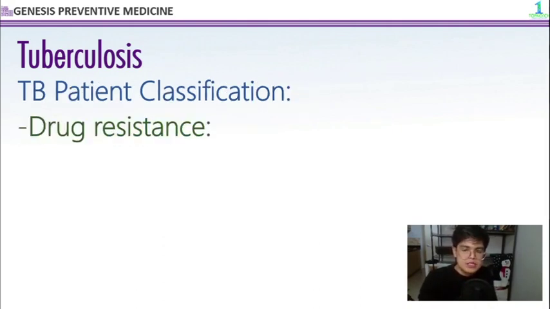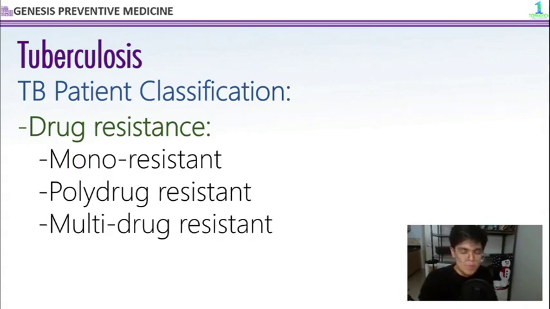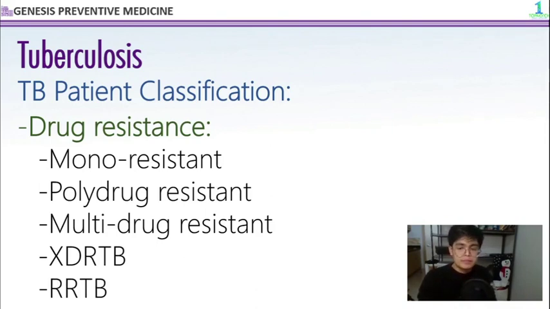Okay, based on drug resistance, we have monoresistant, polydrug resistant, multi-drug resistant, XDR-TB, and RR-TB. Monoresistant means they are resistant to just one drug in the drug armamentarium for tuberculosis. Polydrug means they are resistant to two drugs that are not, take note, isoniazid and rifampicin at the same time.